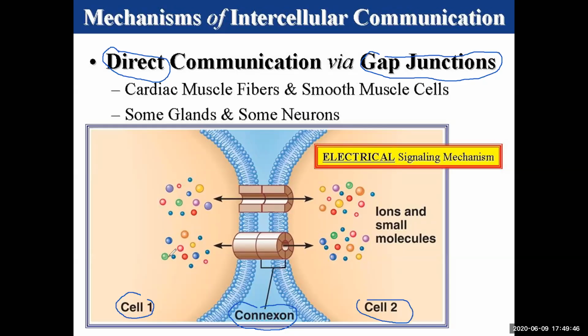For example, glands, this is for glandular secretion. For example, endocrine glands that release hormones, some neurons, and what is not on here on purpose, you need to add cardiomyocyte. Oh, it's written here, cardiac muscle fibers.